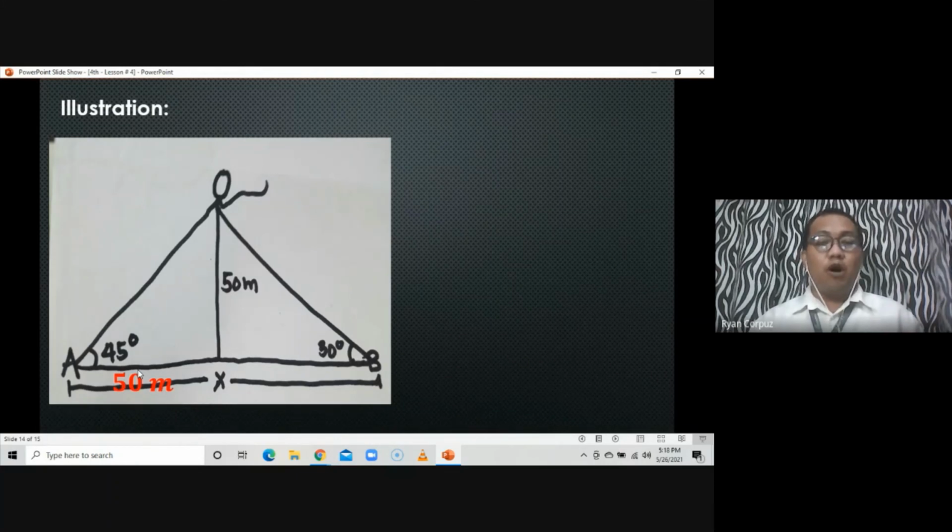So we made use of the 45 degree, 90 degree special right triangle theorem.